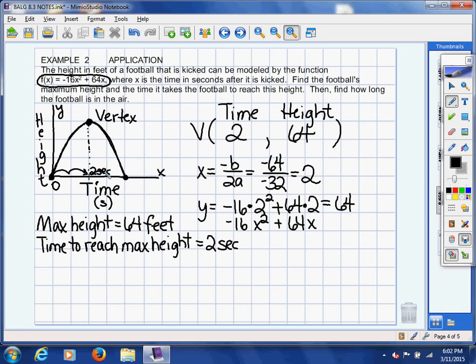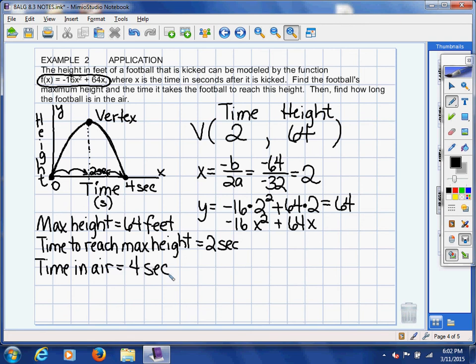So let's go 2 units beyond that. And what's 2 doubled? 4. You got it. So time in the air is 4 seconds. So that kind of wraps up that particular problem.